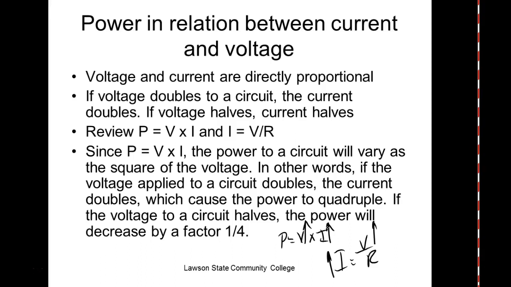If you triple your voltage, your power would go up 9 times. If you quadruple your voltage, your power would go up 16 times. If you halve your voltage, your power drops by 1/4. So it varies with the square. It's 1 over the square if the voltage goes down. It's the square if the voltage goes up.